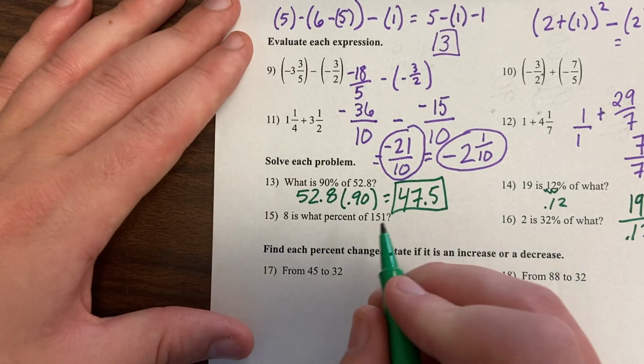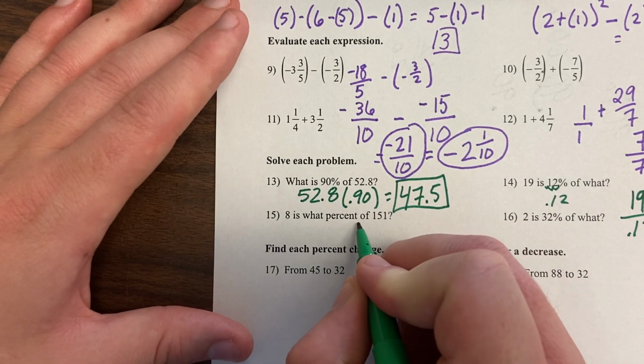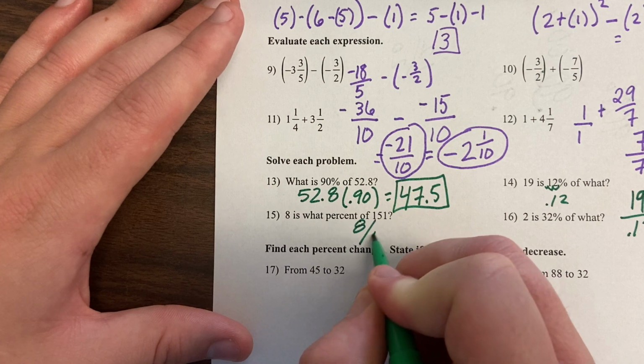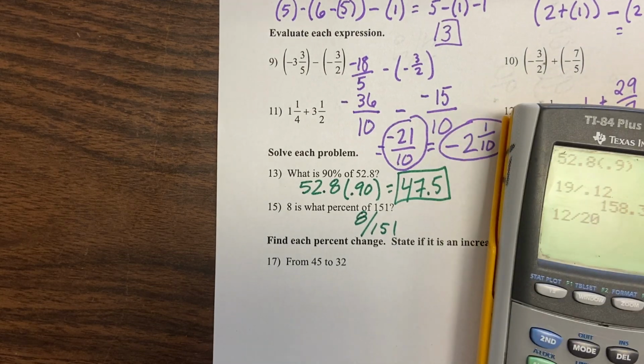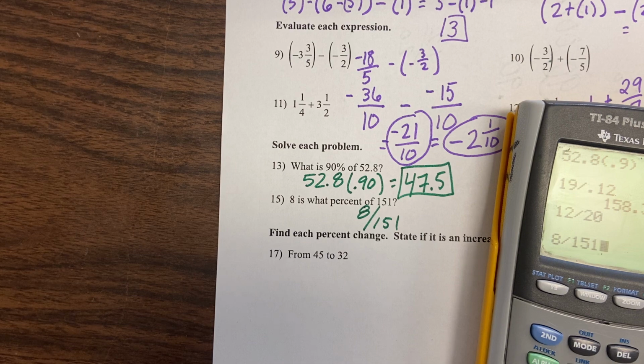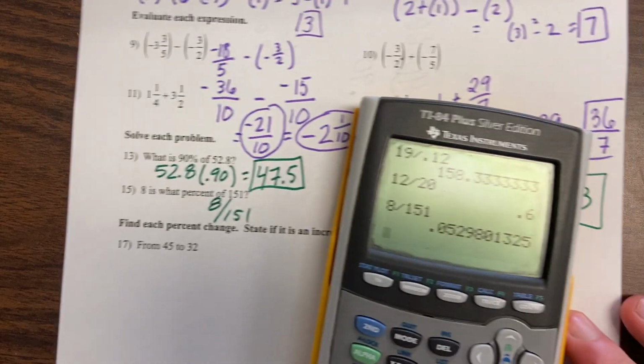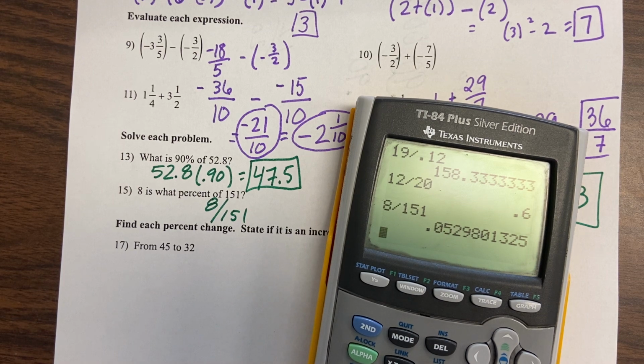8 is what percent of 151? So what I can do is 8 divided by 151. You got an 8 out of 151 on an assessment, okay? So in order to find that percent, 8 over 151 is 0.0529. Now, this is where I talked about going the other way, just a little bit ago. This is a decimal, and it's wanting the percentage. So we need to turn this 0.0529 into a percent.